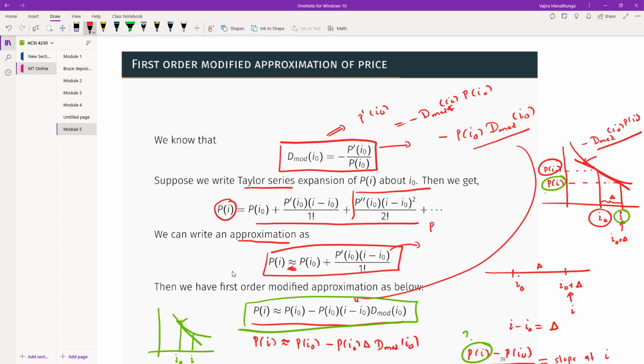Because you can see in here, if I write P(i) approximated, that's going to be always less than the real price, because we remove the higher derivative terms. So assuming i minus i naught is positive, you can see that the real price is going to be higher than the approximate price.